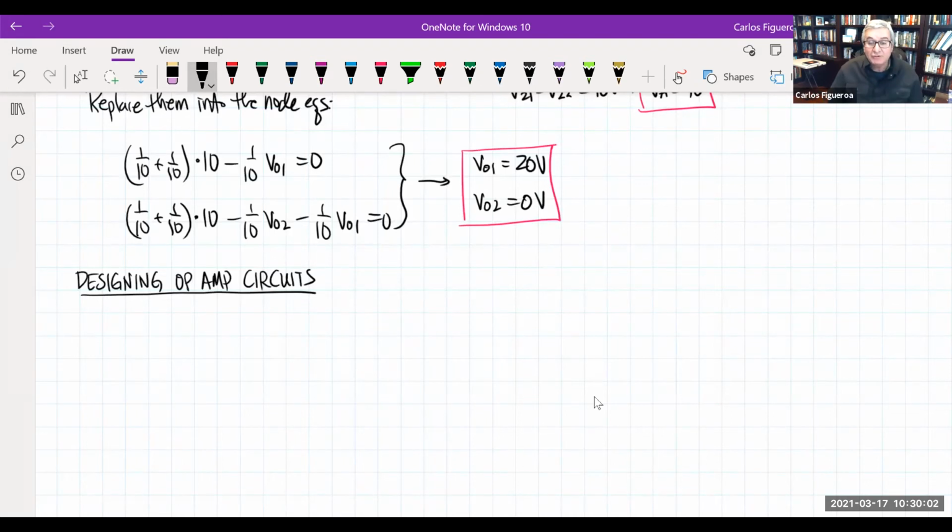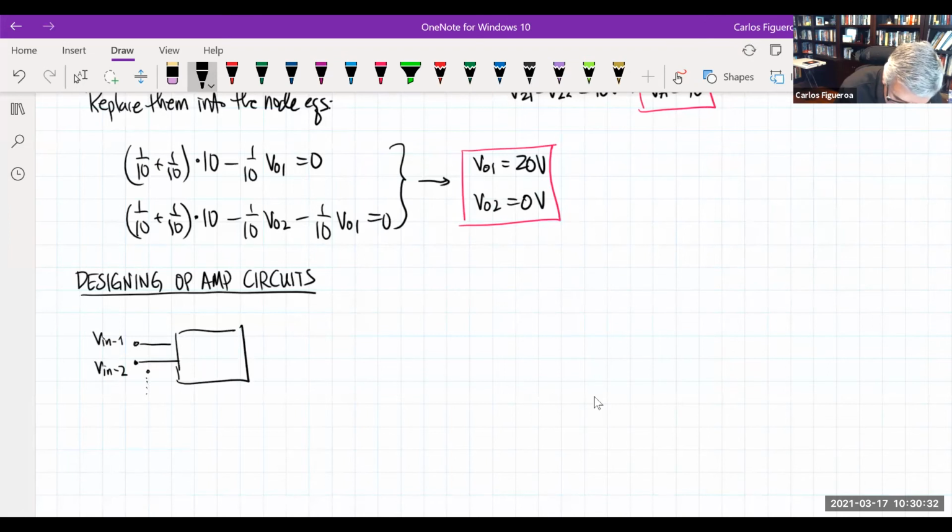And typically what you find here, if you're going to design an op-amp circuit, is that you have a certain amount of inputs coming in. So let's call this input 1, input 2, and you could have a series of inputs.